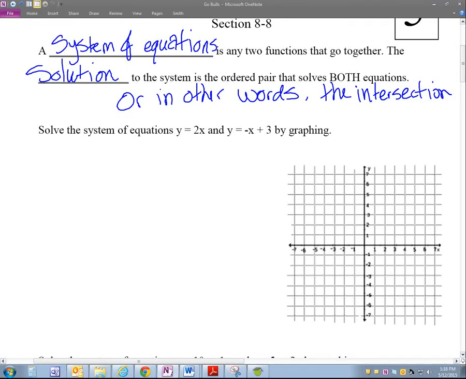And this is resembling the slope-intercept form, y equals mx plus b. Our first thing that we're always going to want to do is make sure that our equation looks like y equals mx plus b. The first one is fine. We don't have to worry about it.